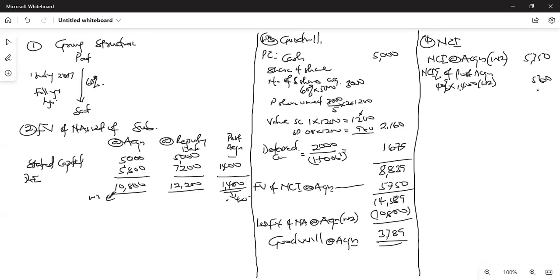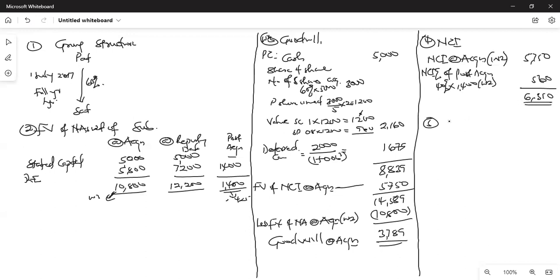There is no impairment that they will share. So when you add, you get 6310. Let me make it cleaner. 6310. And that is our NCI.